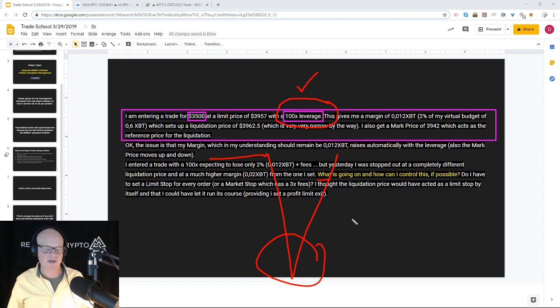Now, as far as the liquidity of the underlying, especially the perpetual contract, it is second to none. And that is actually one of the most important things that you can have, the liquidity of that contract.